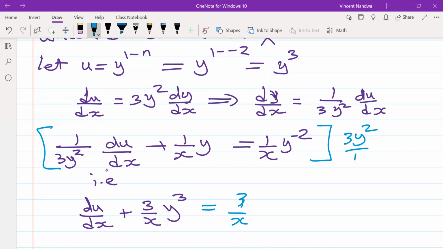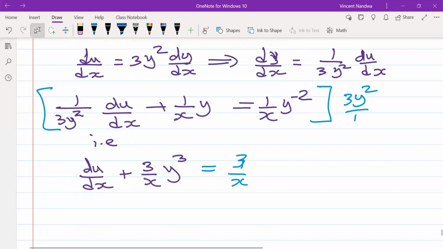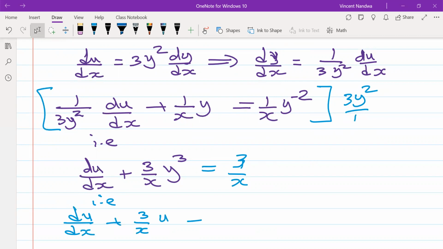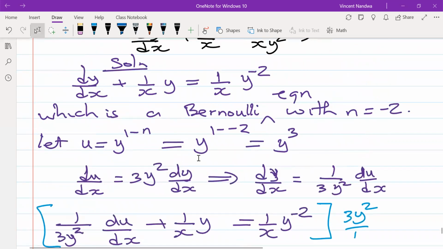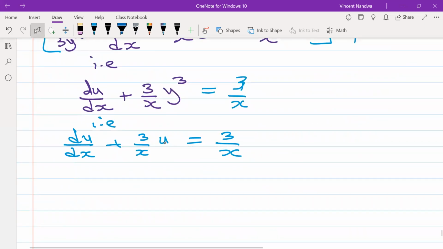So 3 over x because y power minus 2 times y power 2 is y power 0, which is 1. This is the same as du dx plus 3 over x u equals to 3 over x because u is given by y power 3. So this is a first order differential equation.